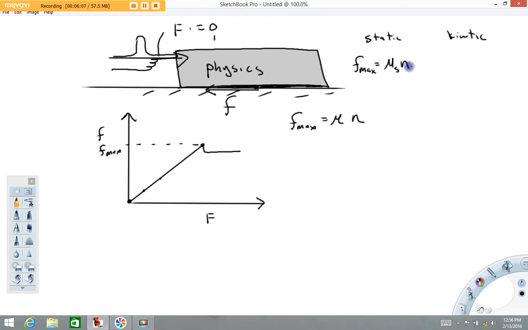You use what's called the kinetic coefficient of friction when you're trying to find the sliding frictional force, or what's sometimes called the kinetic frictional force. So I'm just going to put sliding friction is equal to the coefficient of kinetic friction times the normal.